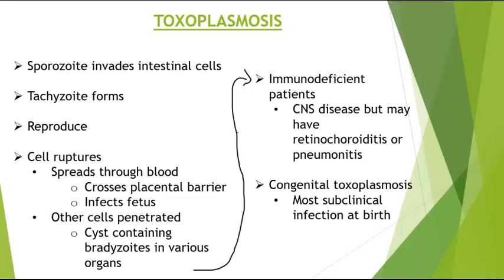And also you can have the congenital toxoplasmosis that we talked about. Most cases are subclinical, meaning they may not have signs or symptoms that are detected by a physical exam at birth. So at the end of the day, just be careful cleaning out those litter boxes, especially if you're pregnant.